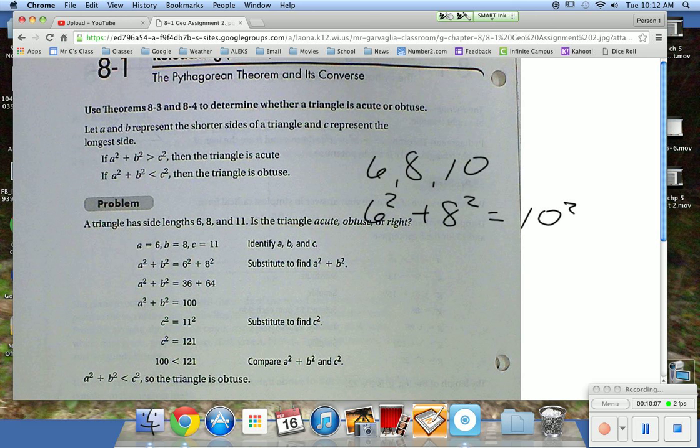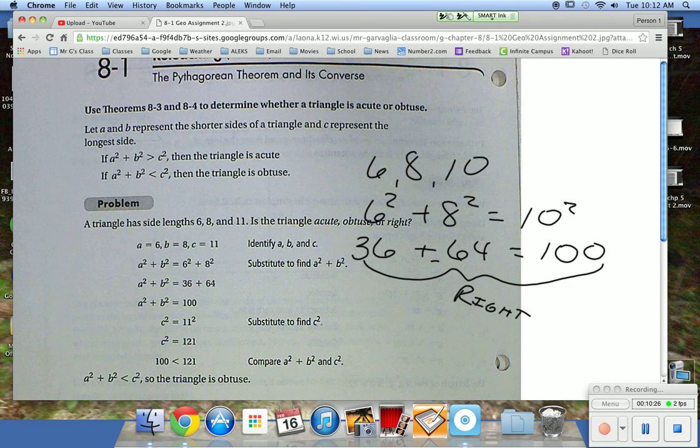We figure this is 36 plus 64 equals 100. Is that true? Yep. It's true. So we know that because these do equal, this is 100 and 100, we know that this is a right triangle. All right? If we take three numbers and we square them out and they come out equal to each other, we know it's a right triangle.